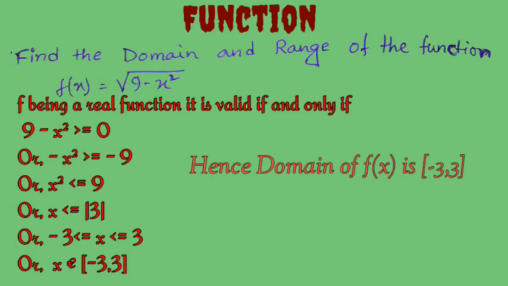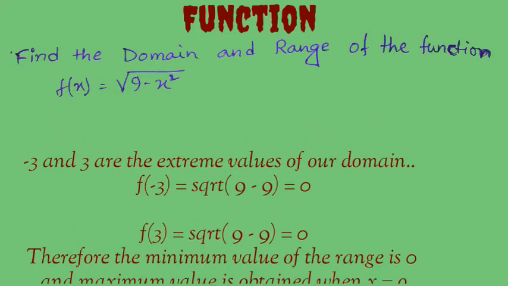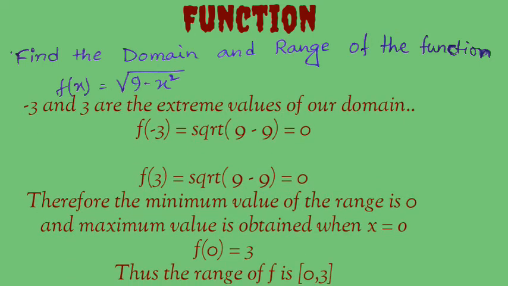Now what about the range of that function? Let's choose the extreme values from the domain, that is -3 and 3. For both of them the functional value is the same, that is 0. For both of them f of x equals 0. So the minimum value that the range can have is 0, and the maximum value of the range can be obtained if we put the minimum absolute value from the domain, that is x equals 0.